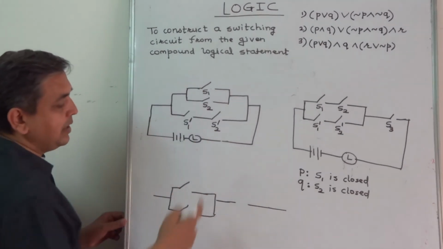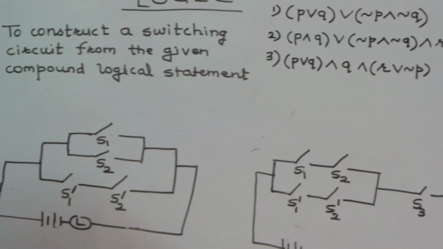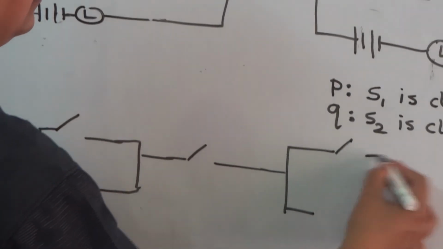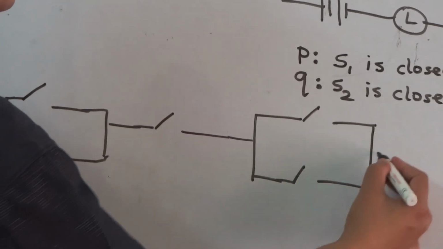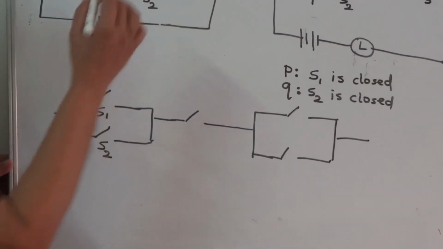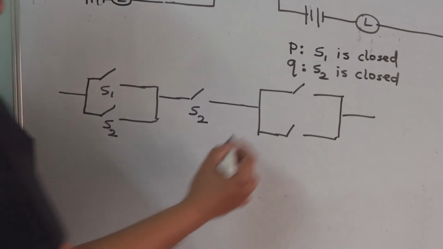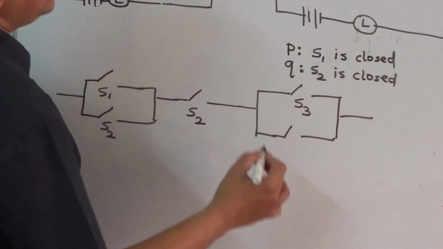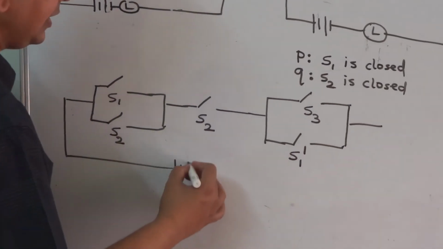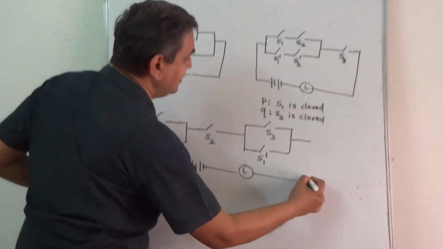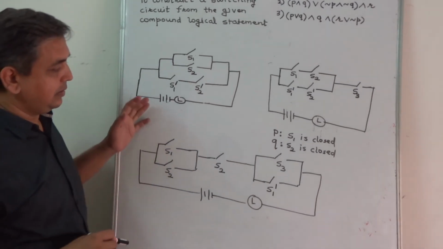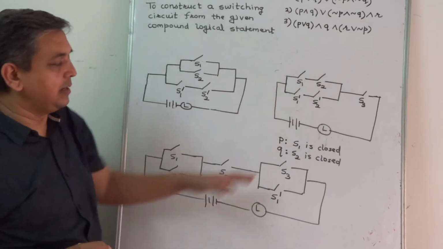So this first part is complete, and another switch, and then again parallel. This is S1, this is S2, Q again is S2, R is S3, negation P is S1 dash, and we complete the circuit with a battery and a bulb, and this circuit is complete. So students, do you understand how to draw circuit diagrams from this?